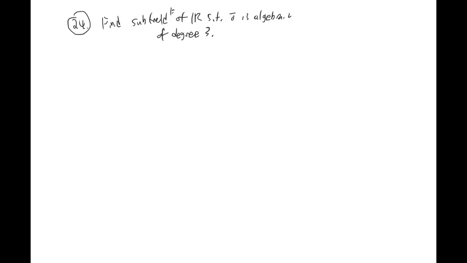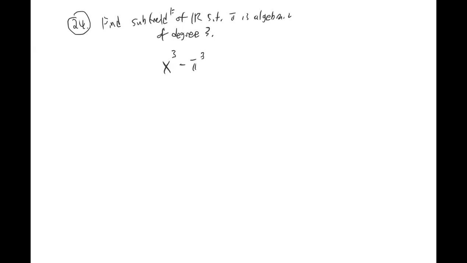So I need a degree 3, so I need pi to be a root of x cubed plus whatever. If I just plug in pi to x cubed, what do I get? It's not a trick question, just pi cubed. So that's not 0. Your first intuition would be just consider this. I mean, you need a degree 3, so might as well start with x cubed and then just try to make it 0.